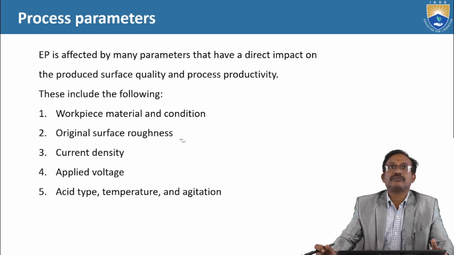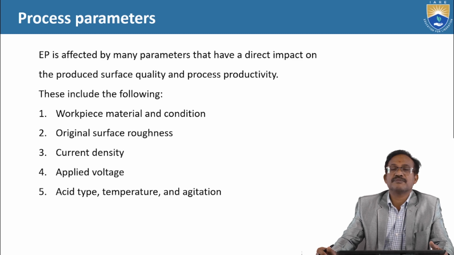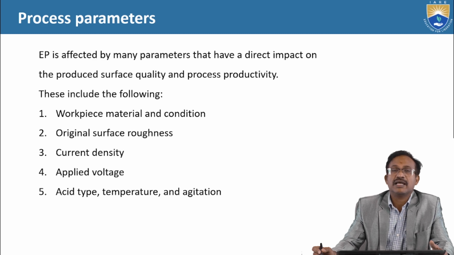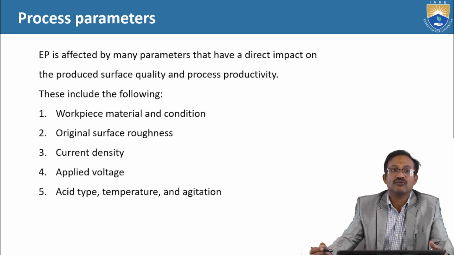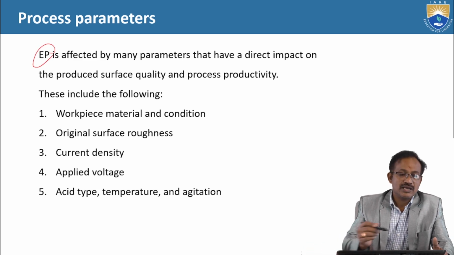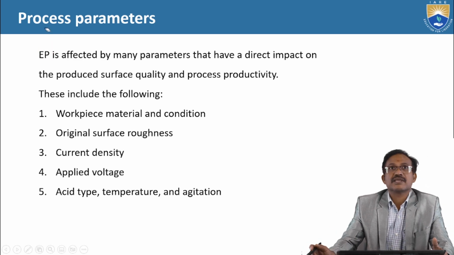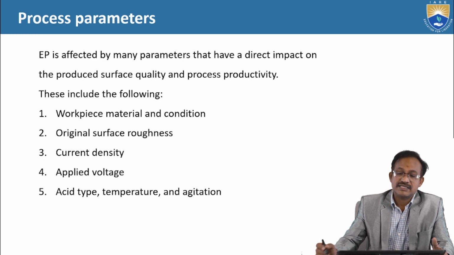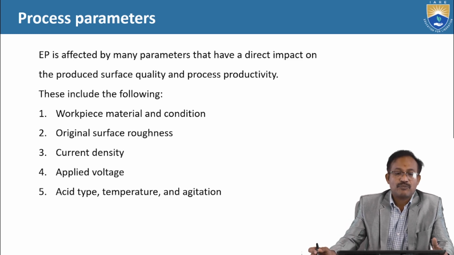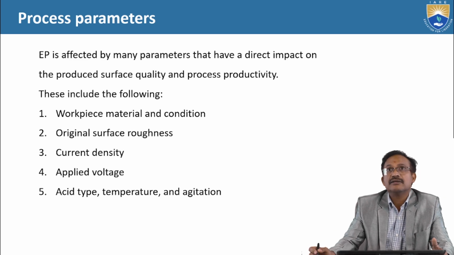Now let us discuss process parameters of the EP. Already I mentioned electropolishing, in short EP. In subsequent slides wherever you find EP, that is electropolishing. Electropolishing is affected by many parameters that have a direct impact on the produced surface quality and process productivity.